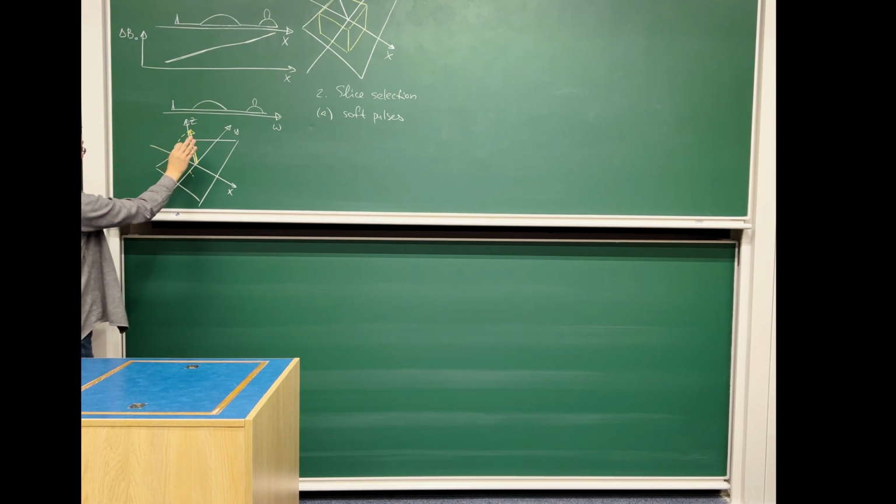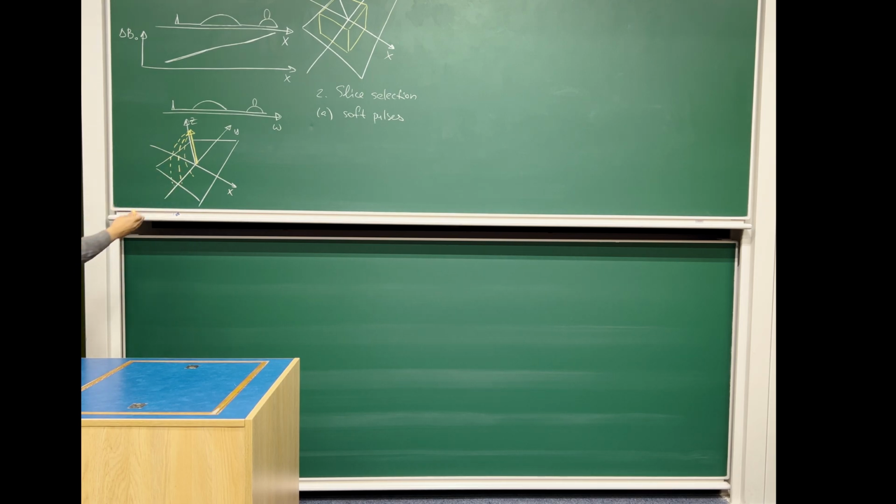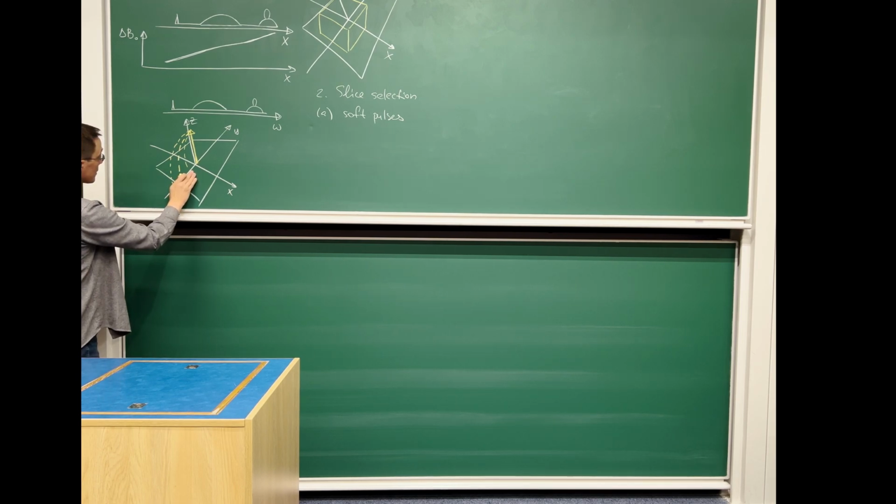And then, as we have greater and greater offsets from the resonance frequency, the spin will end up in different places. And actually, if you do the math, it turns out that it does not perfectly arrive into the transverse plane. It sits somewhere above it. So it terminates here, here, here.